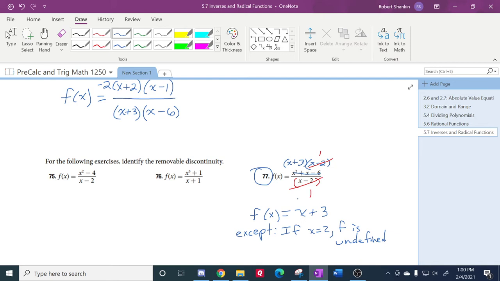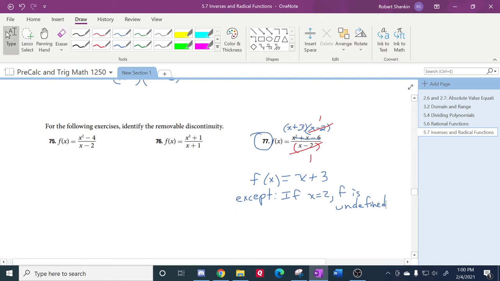So when x equals 2, we have what's called a hole discontinuity.